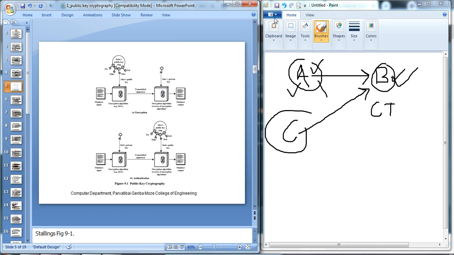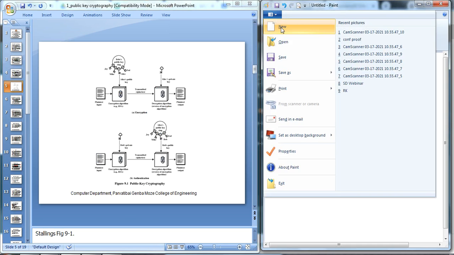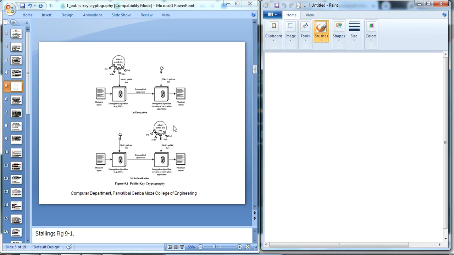This is a simple scenario between two users: the plaintext goes through the encryption algorithm using one key, then the encrypted data is sent to the other user, who decrypts that data with the help of Alice's private key.